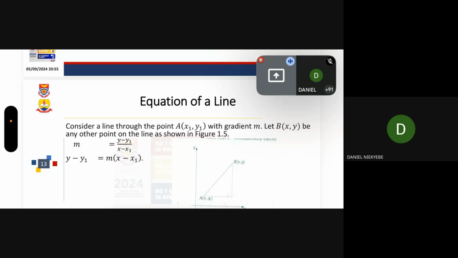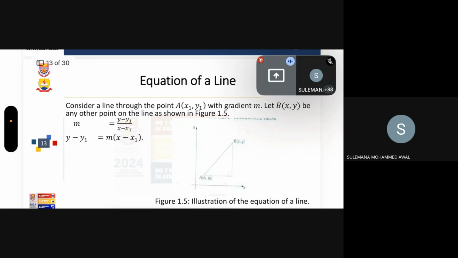So I want to look at the equation of a line. Consider a line through the point A with coordinates x1, y1, with gradient m. Let the point B with coordinates x, y be another point on the line. So we have A with coordinates x1, y1, and B with coordinates x and y. Now the gradient of the line, which is the steepness or the slope, is m.